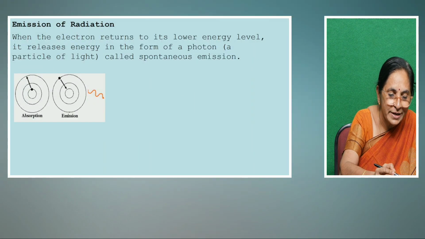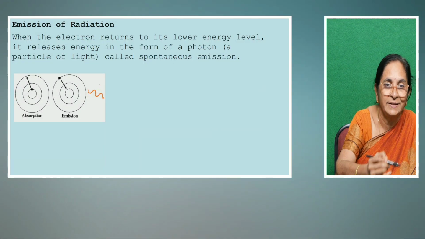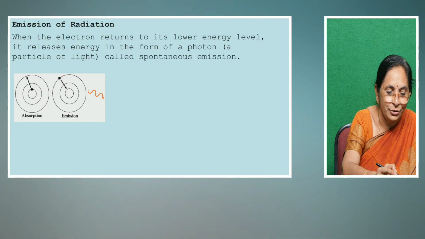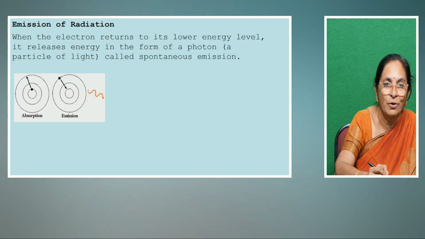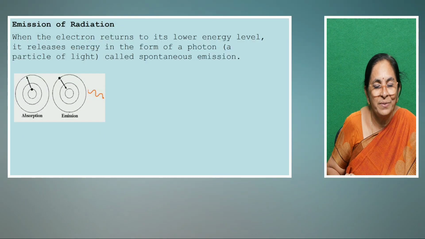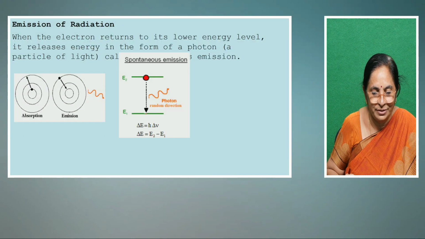Now spontaneously, after the lifetime gets over in the excited state, the electron jumps back to the original, lowest energy level, by emitting the excess energy. So this is what is called emission. When an electron in the excited state returns to its ground level, it gives off the excess energy in the form of a photon. This is what is called emission, and this type of emission is called spontaneous emission.